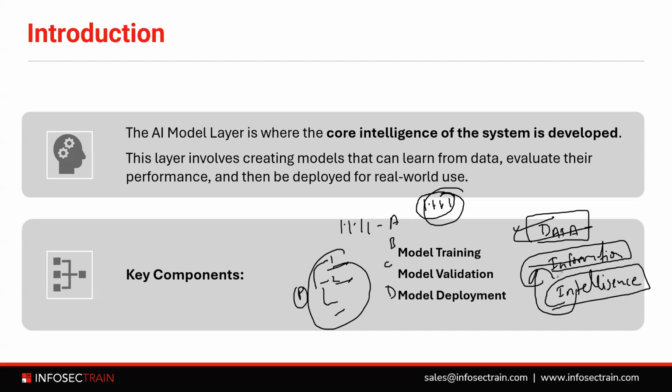Like definitely every salaried person will do some kind of investment in the first week of the month. Am I clear? So data is raw, information is meaningful, and on that you apply the intel. Which layer in the AI builds the intel? The answer is the model. Because the AI model layer is where raw data becomes actionable intelligence.